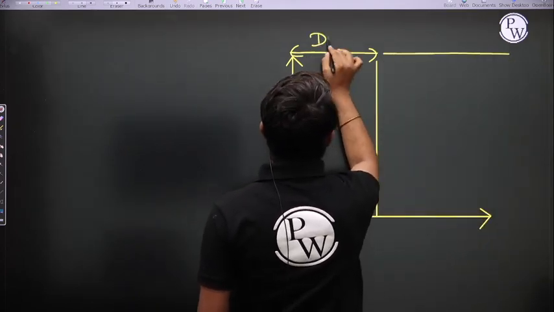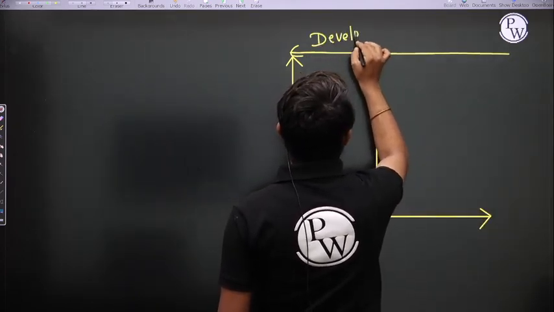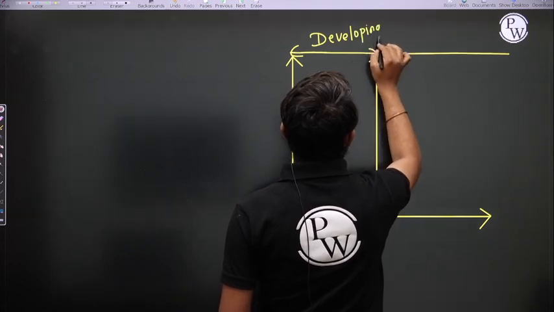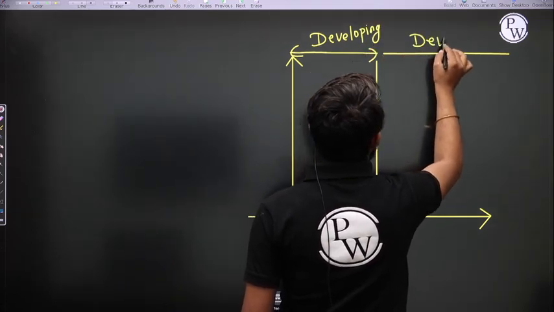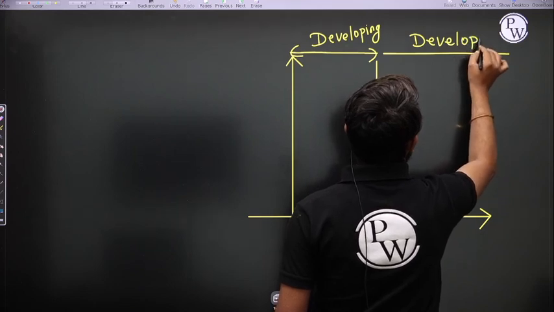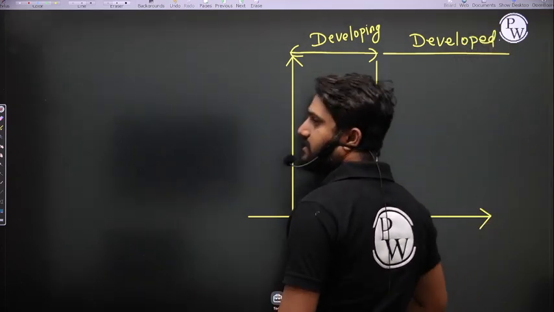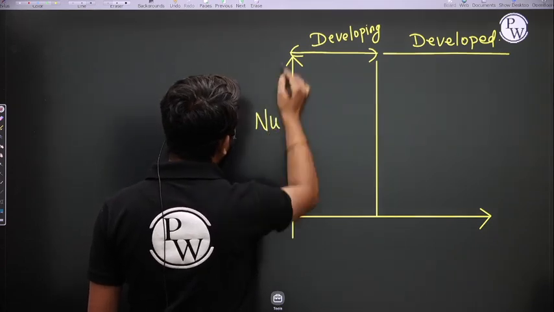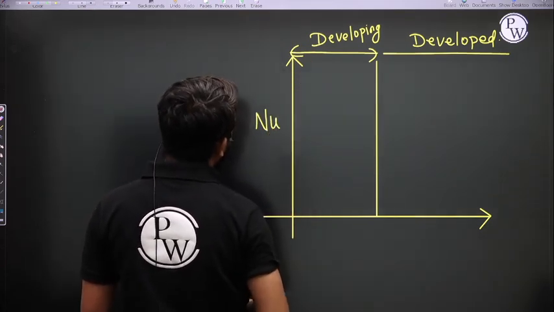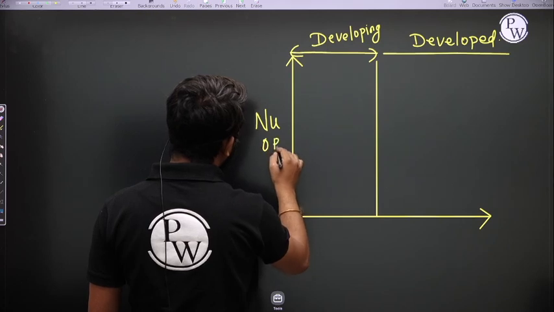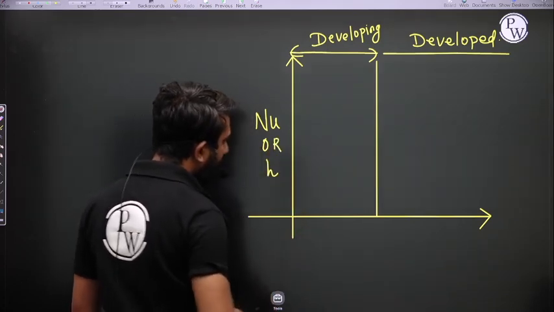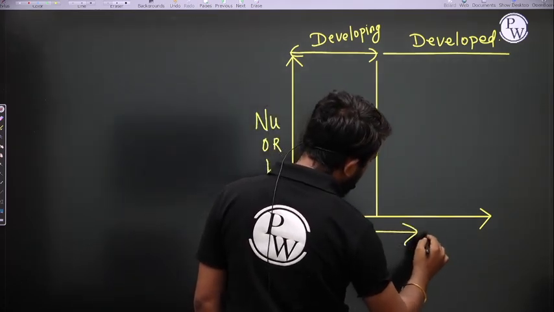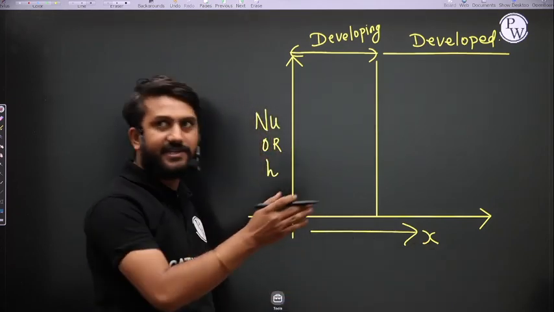On the y axis is the Nusselt number or the convective heat transfer coefficient, and this is the x direction, the axial direction.